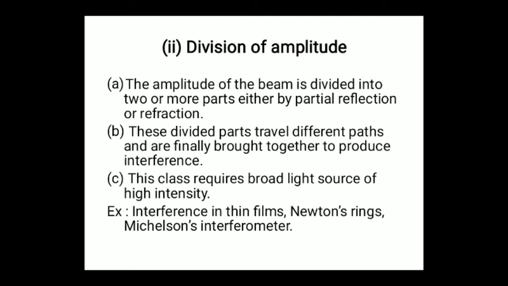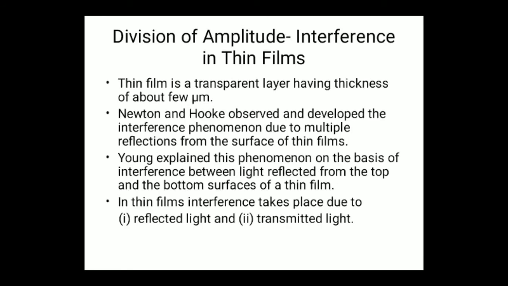Now we will discuss the theory of interference in thin films. What is a thin film? A transparent layer having a thickness of about a few micrometers is treated as a thin film. In thin films, the interference phenomenon is due to multiple reflections from the surfaces.